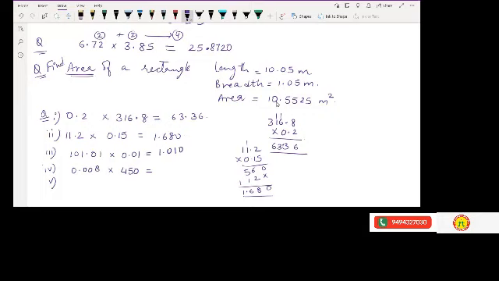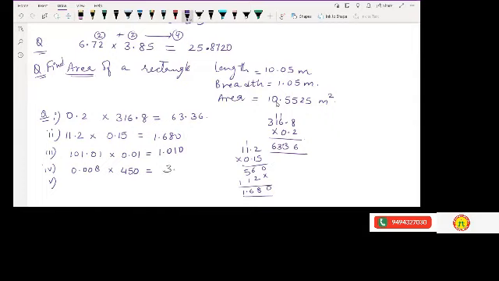Again, the number is 101.01 multiplied. Ma'am, the fourth one is 3.600. Okay. 0.008 multiplied with 450. So that is 3.6.